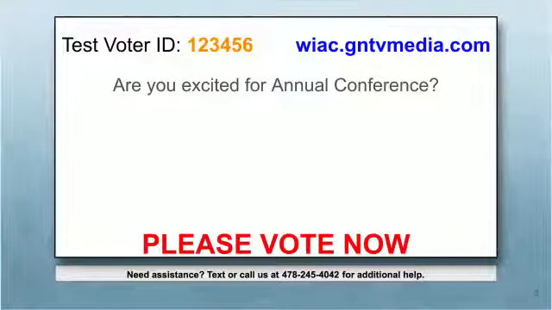If you're on the voting website now, you can click the green Load Ballot button. Clicking the green Load Ballot button pulls up this question for you, gives you the options, yes or no, and then you can make your choice and click that blue Submit Vote button. So we are working through the steps of successfully voting.